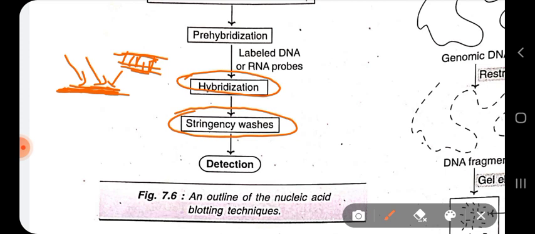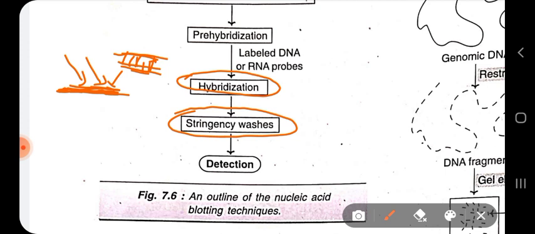Depending on that, we name them northern hybridization and southern hybridization. In case of detection of DNA, we go for southern hybridization. In case of detection of RNA, we go for northern hybridization. So in northern hybridization, we use an RNA probe for detection of our specific RNA, and in southern hybridization, we use a DNA probe for detection of specific DNA.